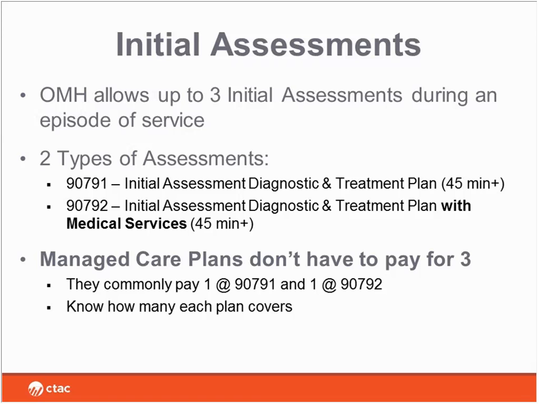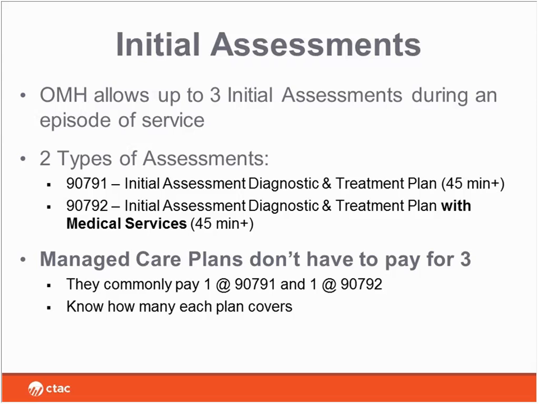So there's 2 types of assessments. There's a 90791 and there's a 90792, which is the initial assessment with medical services. Another thing to note here is that while OMH allows you to have 3 initial assessments, what I've heard from providers, and as you all know better than I do, is that a lot of managed care plans won't pay for 3 assessments.